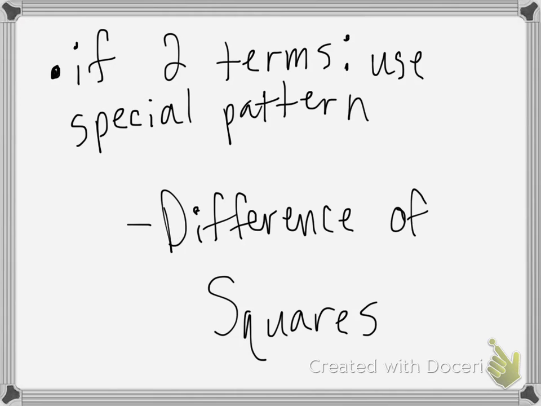So, if there's only 2 terms, most of the time I'm going to be using our special pattern called the difference of squares. Do you guys remember the difference of squares? Okay, if I have a squared minus b squared, so 2 things that I can take the square root of being subtracted, I can factor it like this.